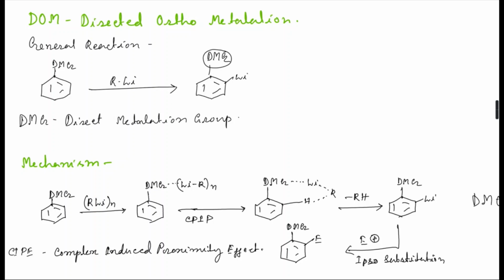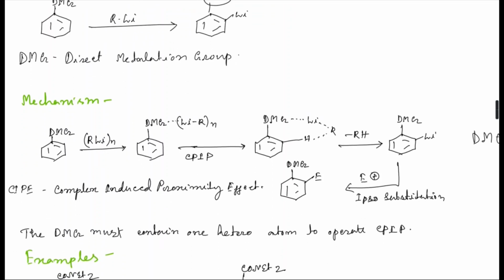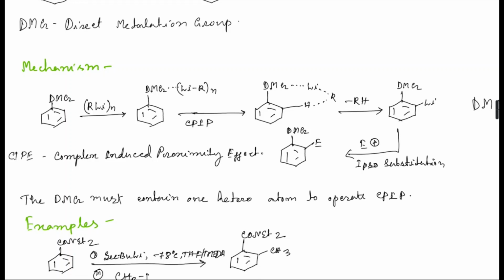If you see the mechanism, the heteroatom in the DMG reacts with the alkyl lithium through the CIPE effect, that is the complex induced proximity effect, which then, after removal of RH, gives this ortholithiated product.